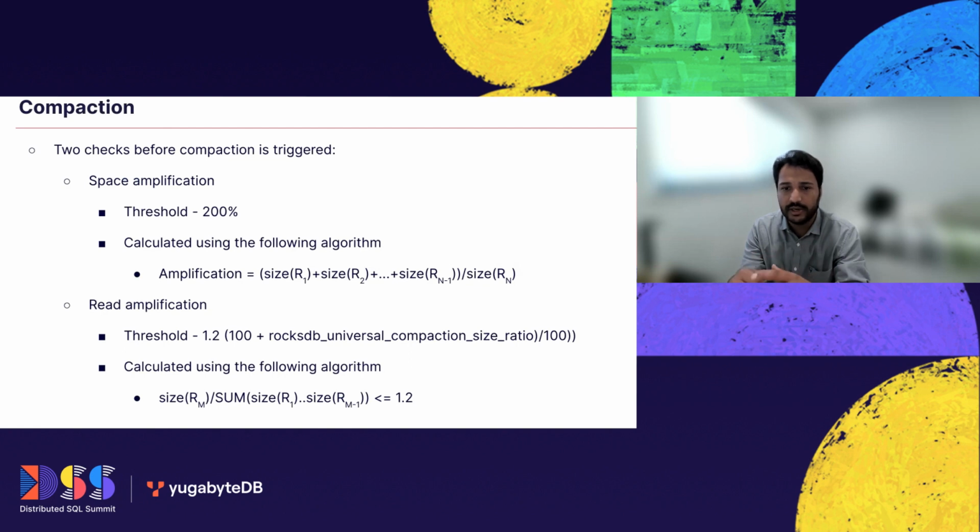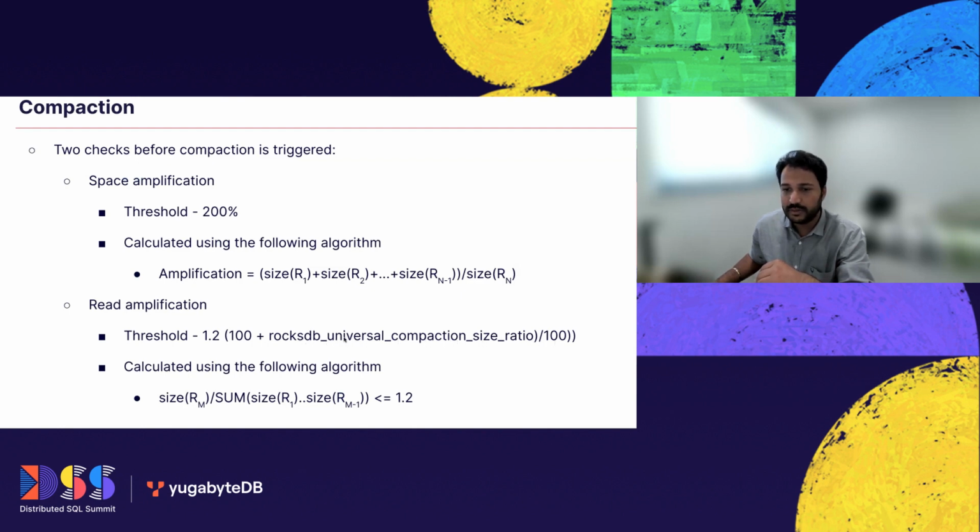And it's calculated by this algorithm: the sum of the size of all the SST files divided by the size of the oldest SST file. For read amplification, the threshold is 1.2, which is calculated by 100 plus this parameter, which is a configuration parameter, divided by 100.